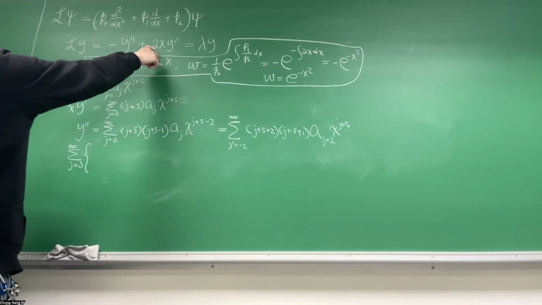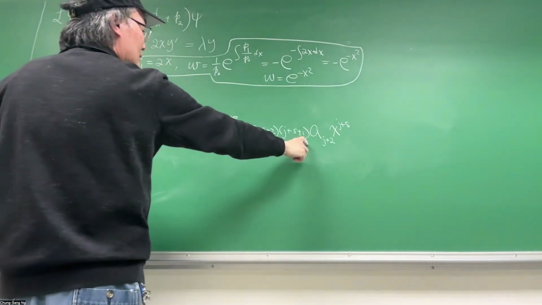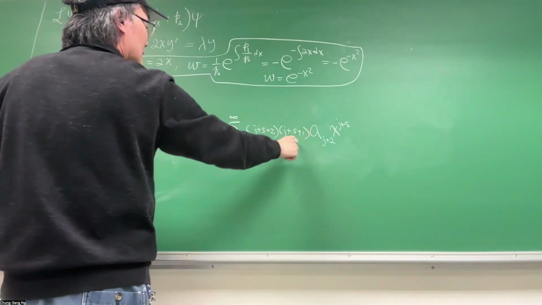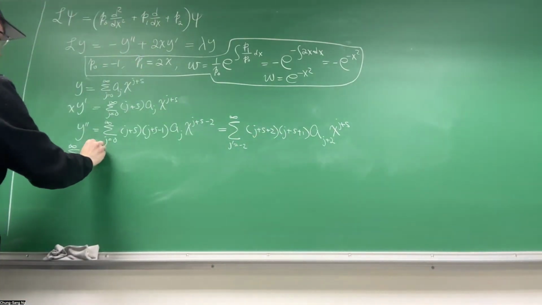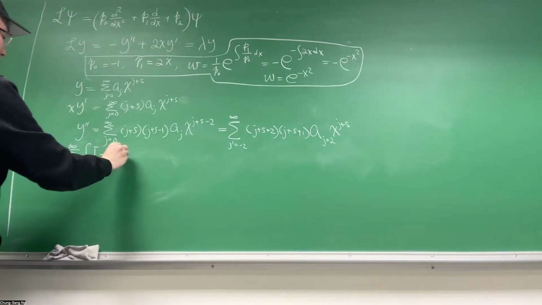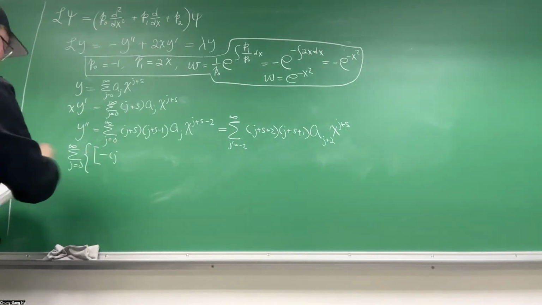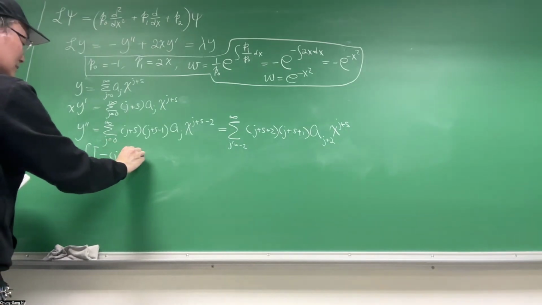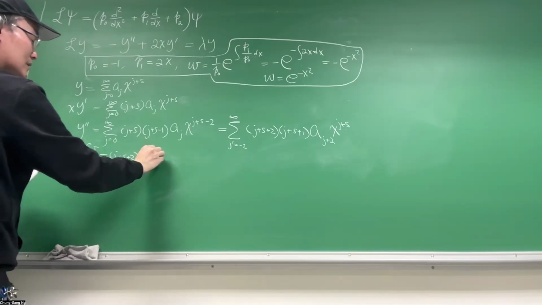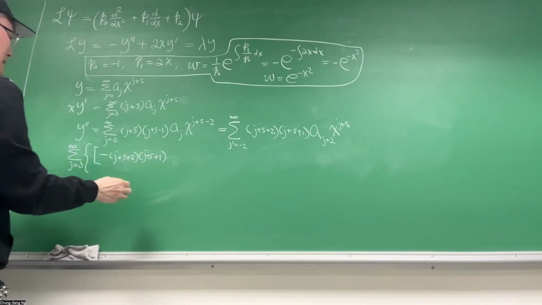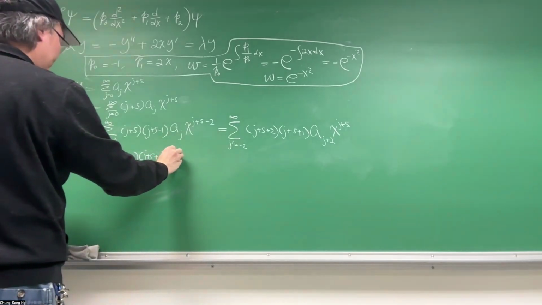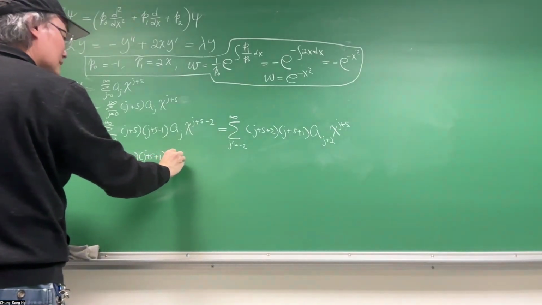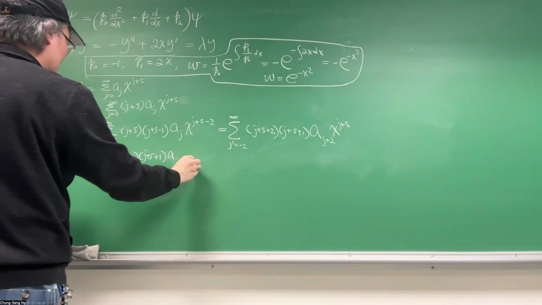But then you have this negative term, j plus 2, j plus s plus 1, proportional to a sub j plus 2.